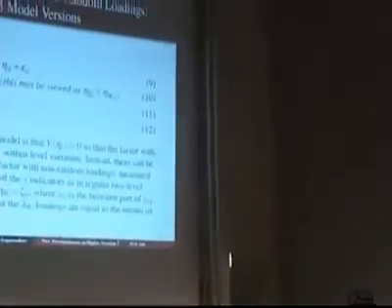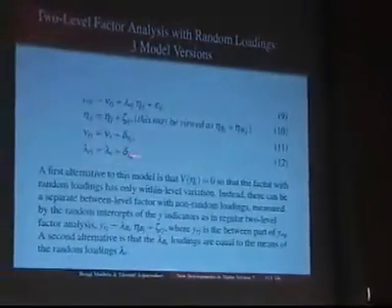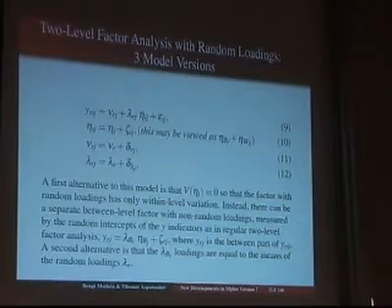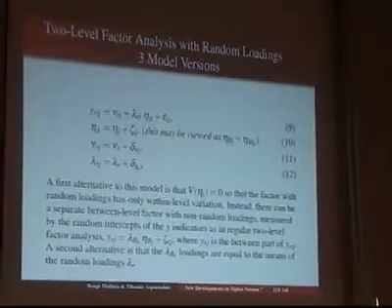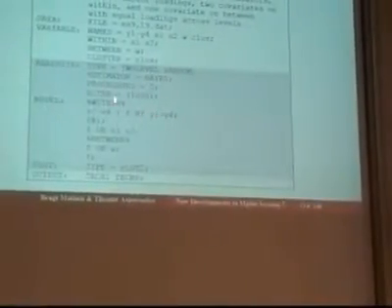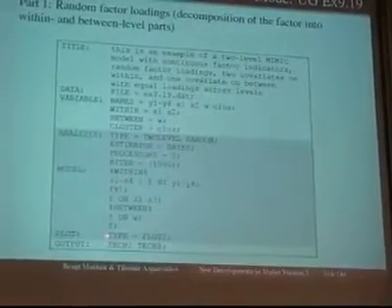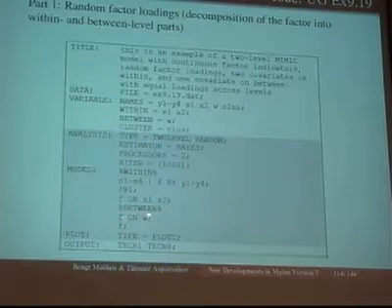The random loading that you see here in equation 12 on the right screen is the same as the S here, for 4 different variables. So we have one S for each variable. F bar is measured by y1 through y4. And each of those 4 factor loadings is random, S1 through S4. And we're going to estimate their variance on between. They're free by default, so we don't even have to mention it here.